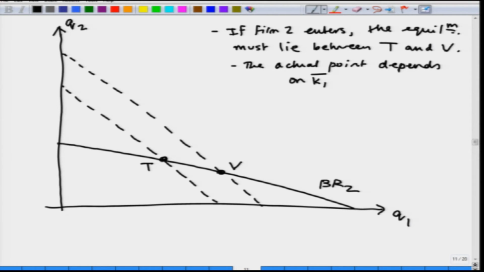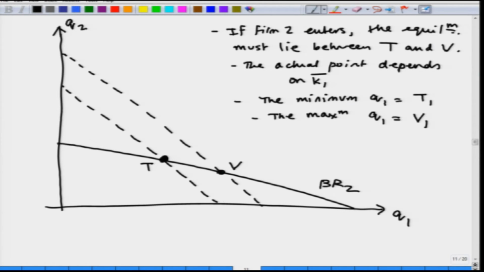The minimum output that firm 1 will produce is Q1 at T1, and the maximum amount of output that firm 1 will produce is whatever this V1 is.